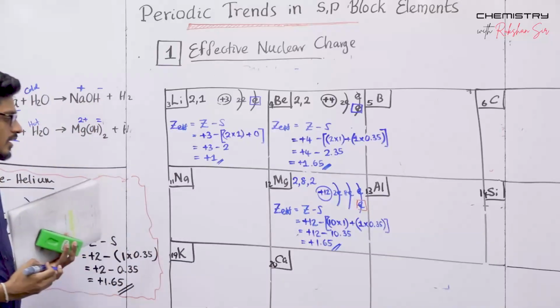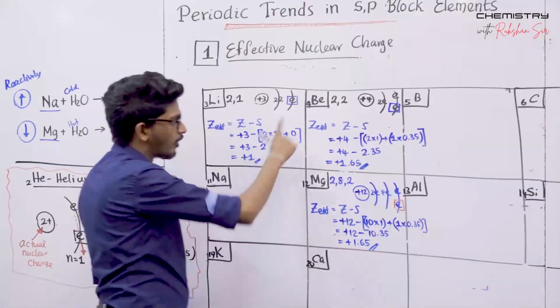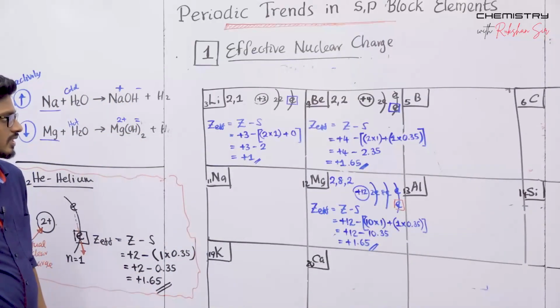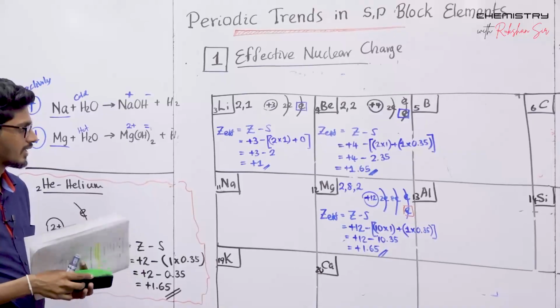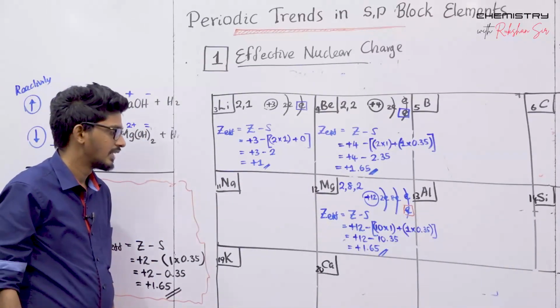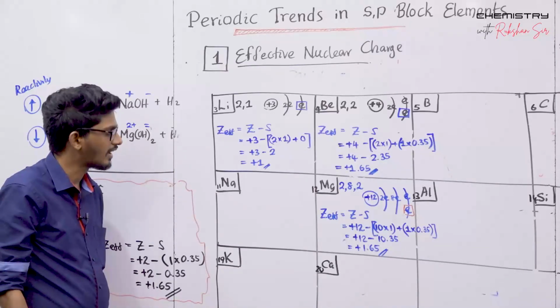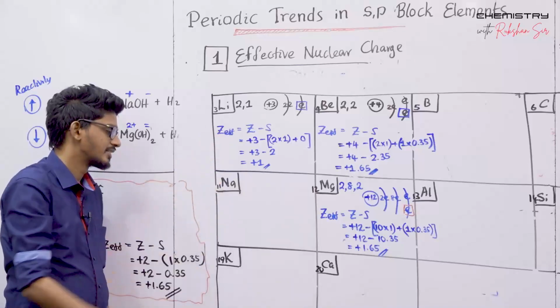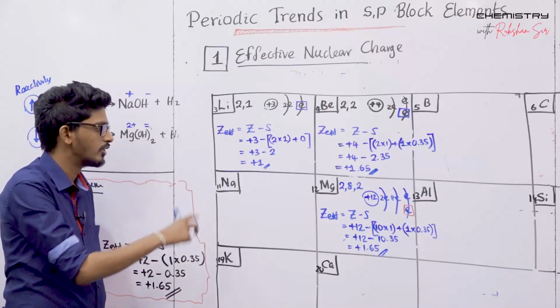So like that, just calculate for all of these 10 elements. Just do it on your own. I'll continue the calculation. Don't look at the board first of all. First do the calculation on your own, and after that you can check whether you have done it correctly by looking at the board.